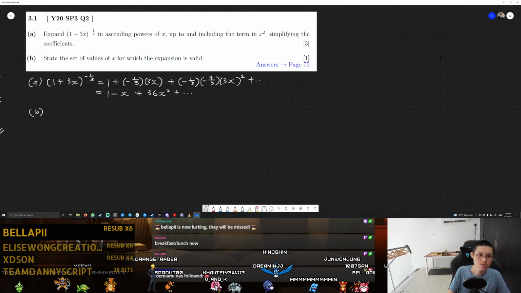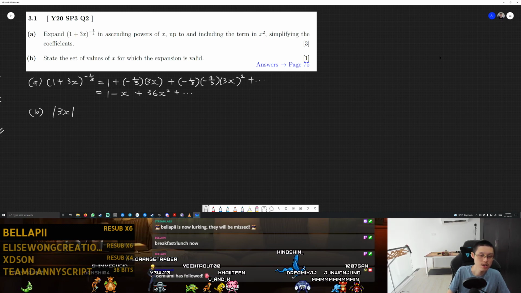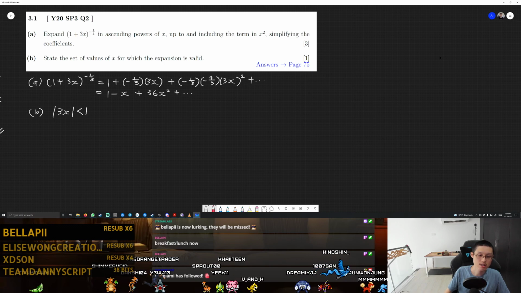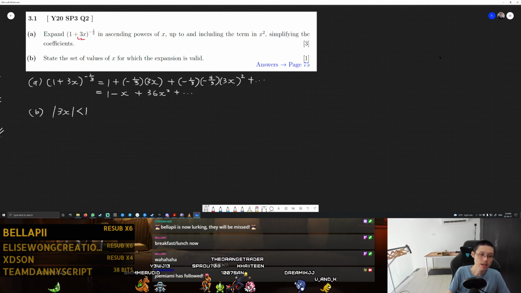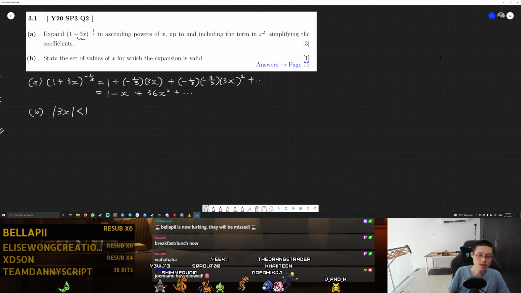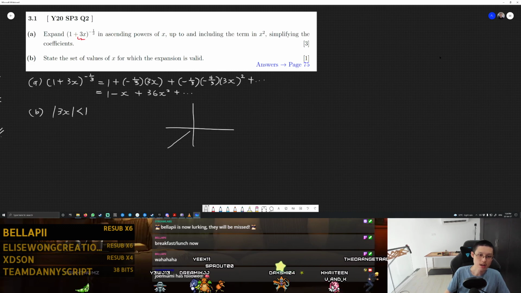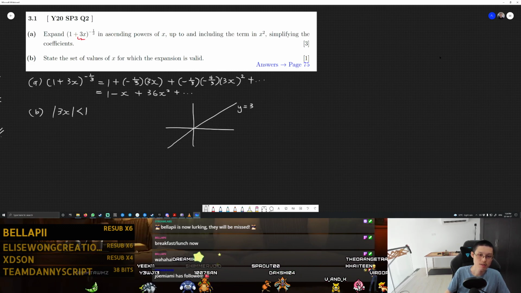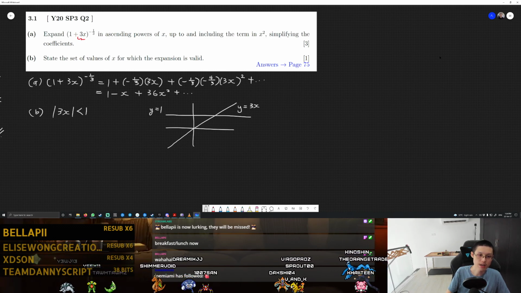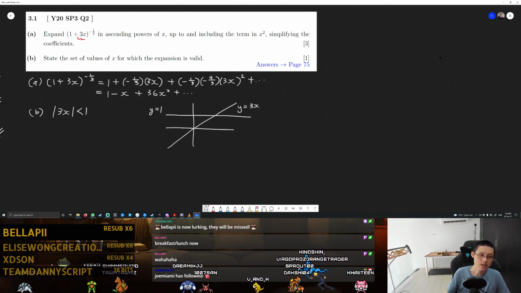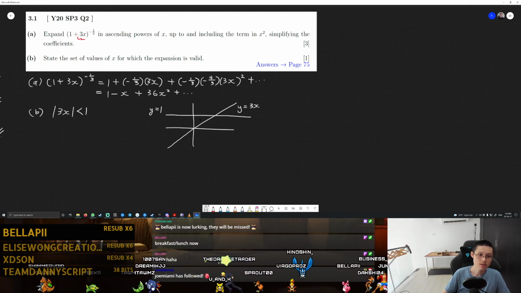So how do you check? You start by doing the modulus of 3x is less than 1. So basically you just take the modulus of the second term and you set that to be less than 1. If you think about this in terms of the graph, 3x is a line that goes through the origin, and y equals 1 is a horizontal line, and you're trying to find the part of the line where the 3x graph is less than the 1 graph.